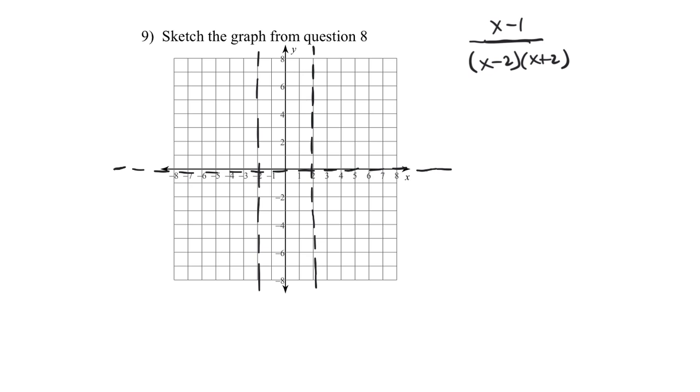The x-intercept is when y equals 0. A rational function is only going to equal 0 when the numerator is equal to 0. The value that makes the numerator equal 0 is 1. So the x-intercept is the point 1 comma 0.